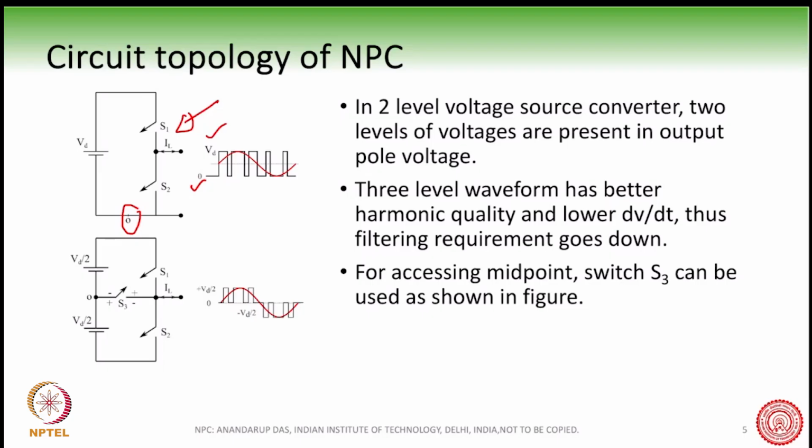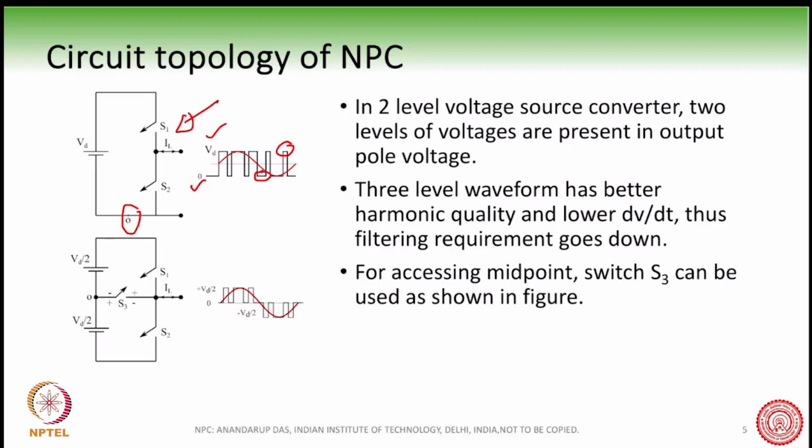When we create the sine wave out of these pole voltages, the instantaneous voltage is always fluctuating between 0 and Vd, but the sine wave is embedded inside this instantaneous waveform.